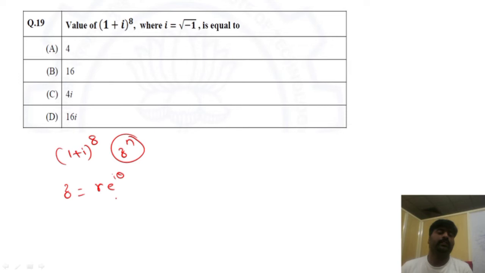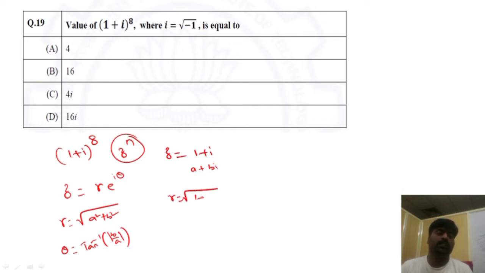In Euler form we can write z as r into e power i theta, where r is root of a square plus b square and theta is tan inverse of modulus of b by a, adjusted based on the quadrant in which it lies. Here z is 1 plus i, that is a plus bi, where a is 1 and b is 1.